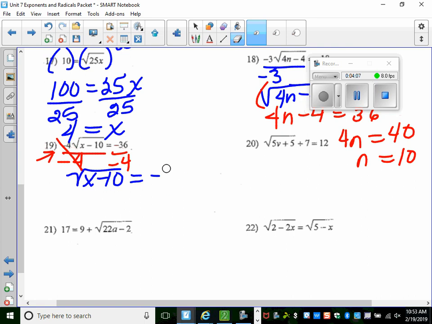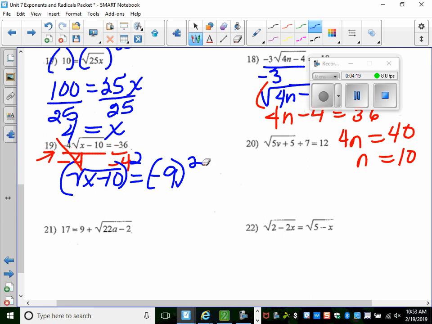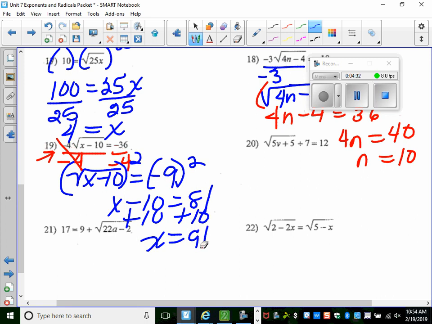Okay, equals -9. Okay, and now we're going to square both sides, so those parentheses are important. Square both sides, you're going to end up with x minus 10 equals 81. Add 10, so x equals 91.